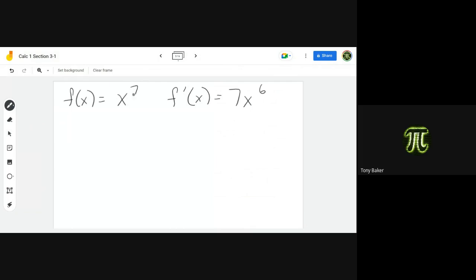Taking that exponent up top, moving it down in front, and subtracting 1 from it. So h of x equals x to the 100th. What's h prime of x? 100x to the 99.